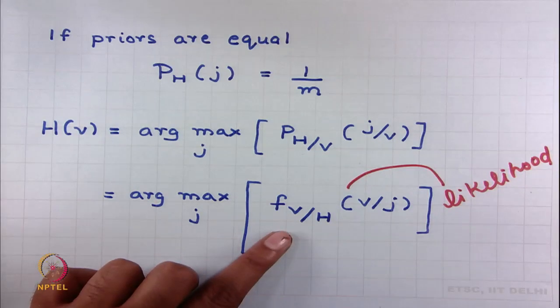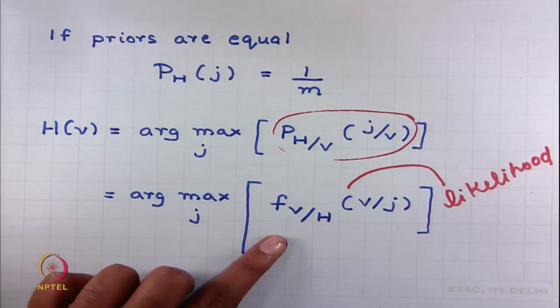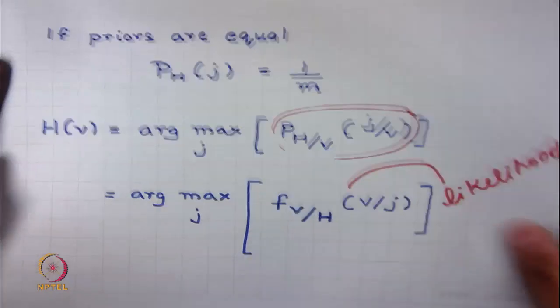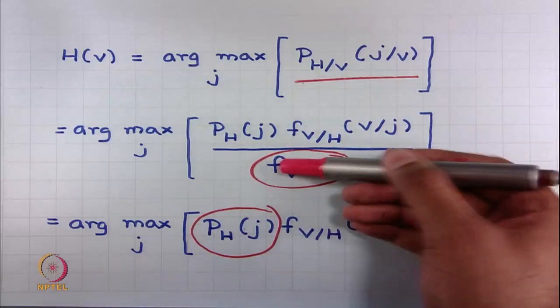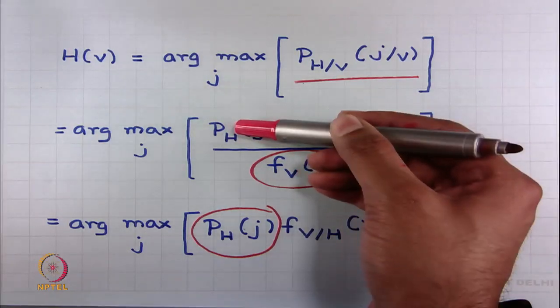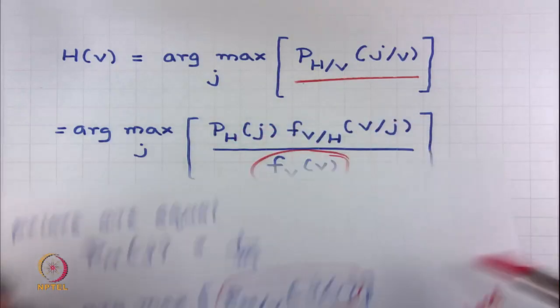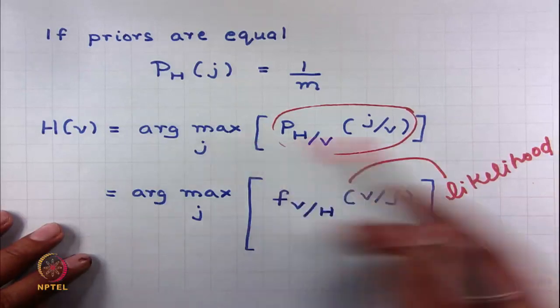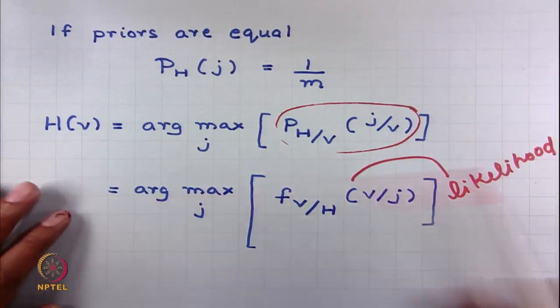So, what we are saying is, if priors are equal, instead of trying to maximize the a posteriori probability, which is this, and we have seen that from here we can go to here, get rid of this because it is not a function of j, get rid of this because this is not a function of j in case priors are equal.